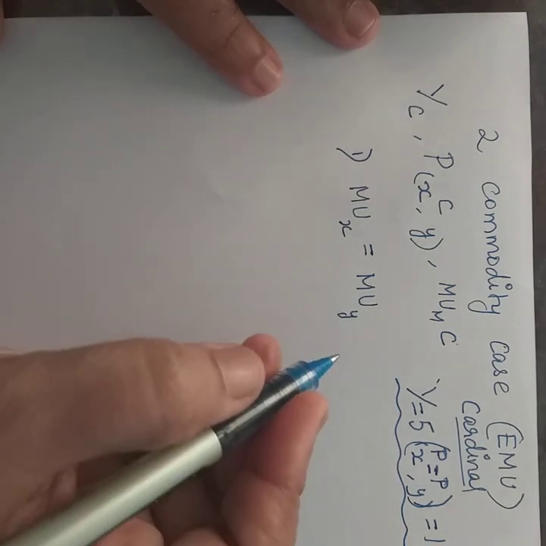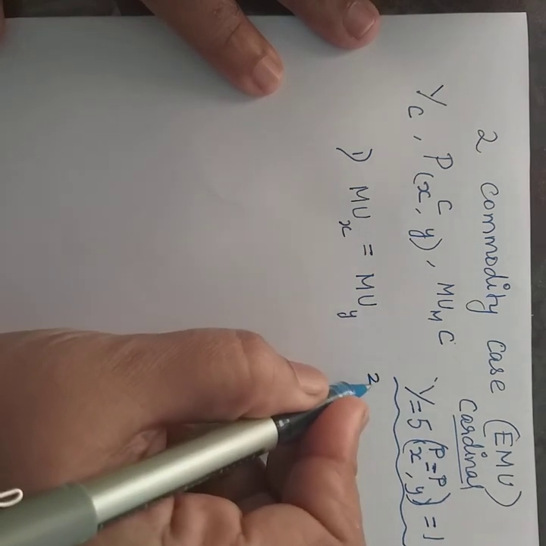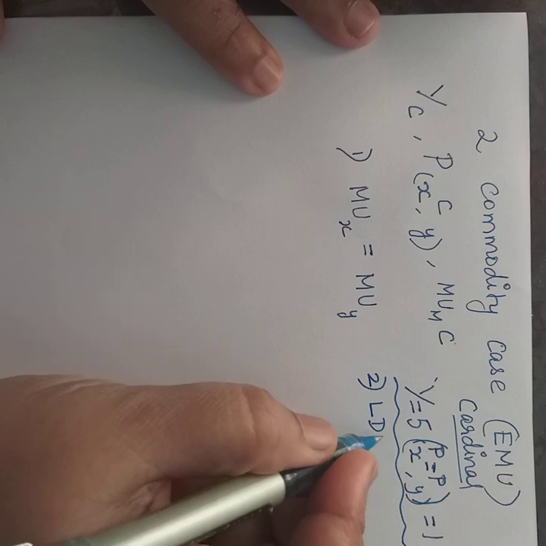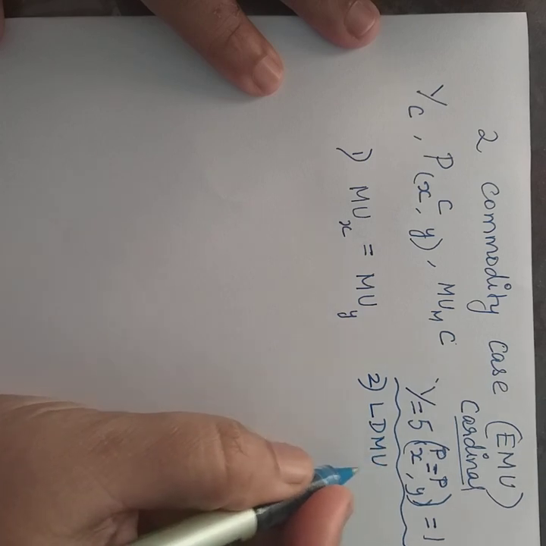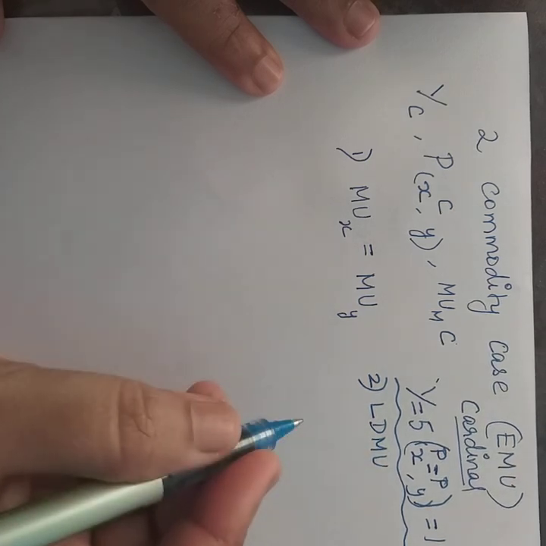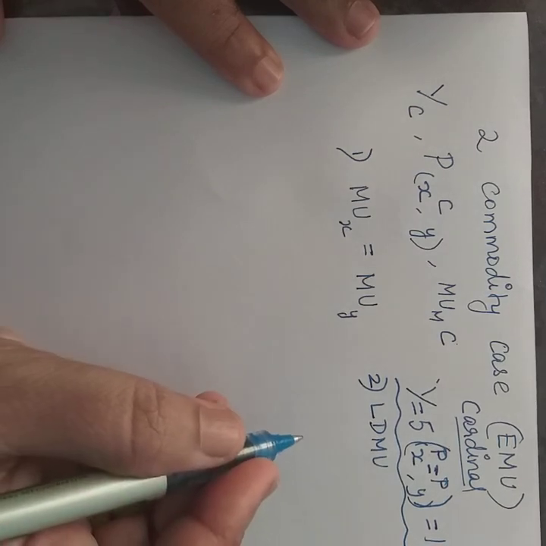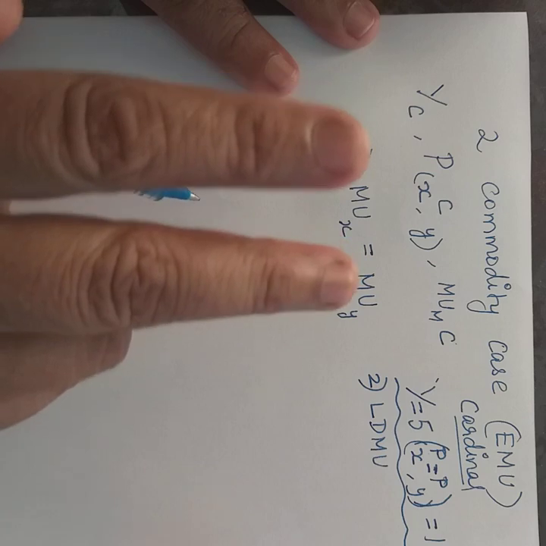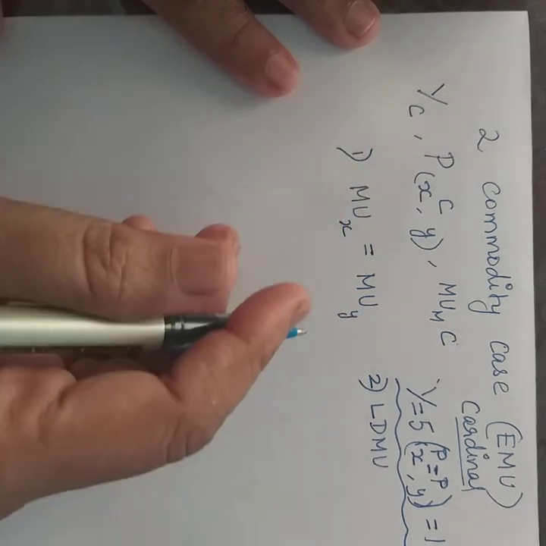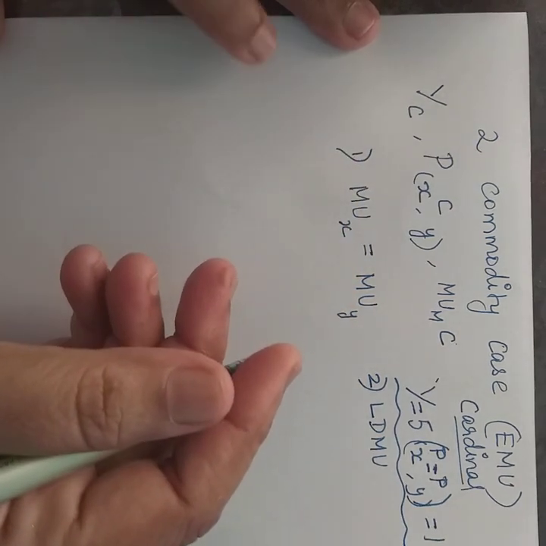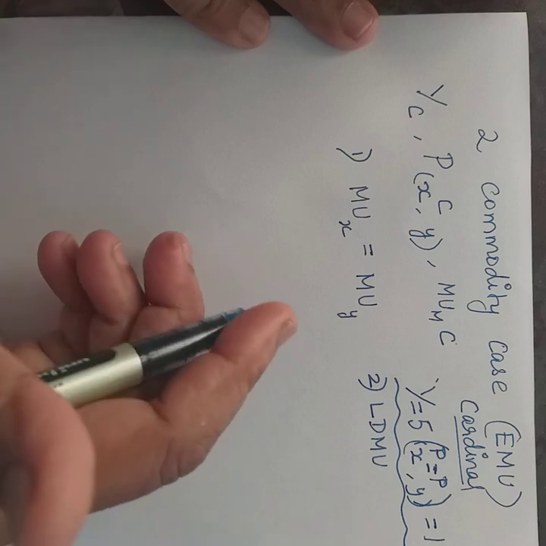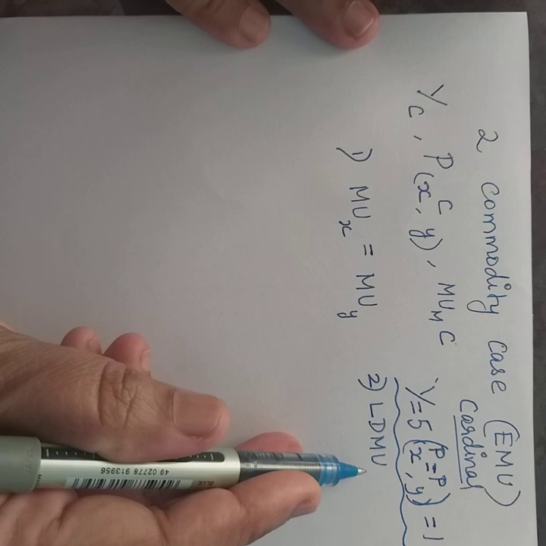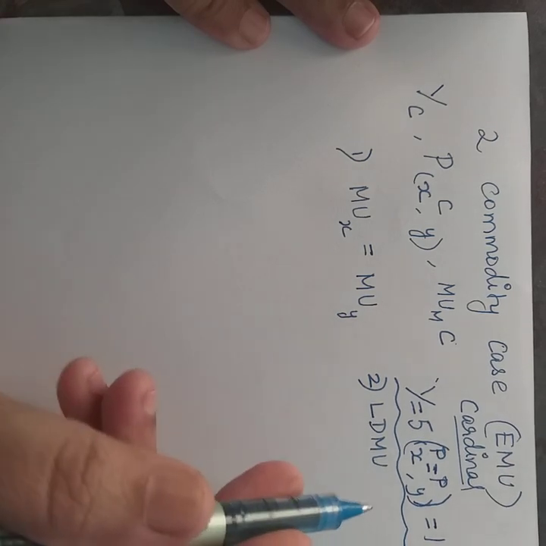Fine. And the second condition for equilibrium is that the law of diminishing marginal utility should be operational even as the consumption activity is continuous. Whether on a single commodity or on two commodities, however the expenditure is undertaken by the consumer, there should be the law of diminishing marginal utility in operation.